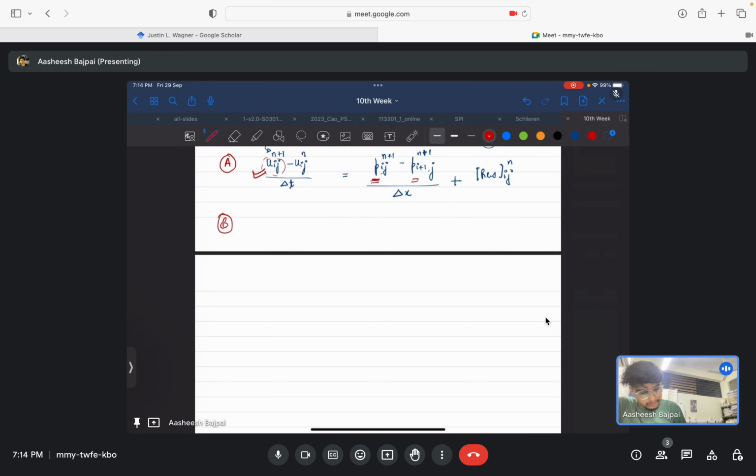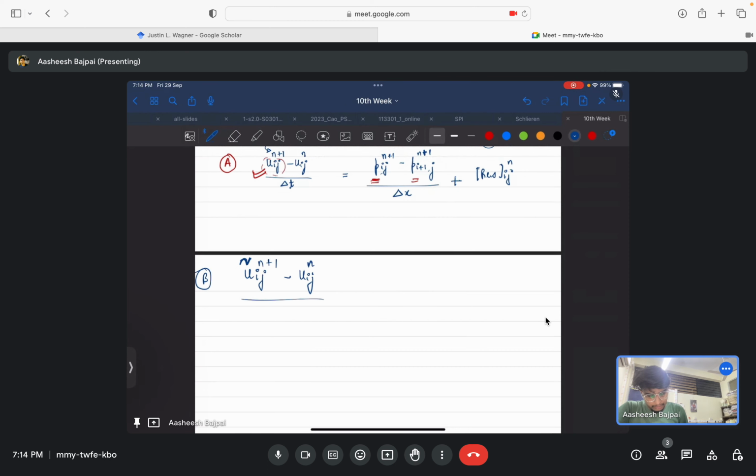What I am calling is, let me write it here, B equation. So u_ij at the (n+1)th time step, which is predicted, this tilde means predicted value, minus u_ij, and we know the value of u at the nth time step. Suppose we have t is equal to 1, t is equal to 2. At t is equal to 1, we know the value of velocity, but we don't know the value of pressure at t is equal to 1 or 2.